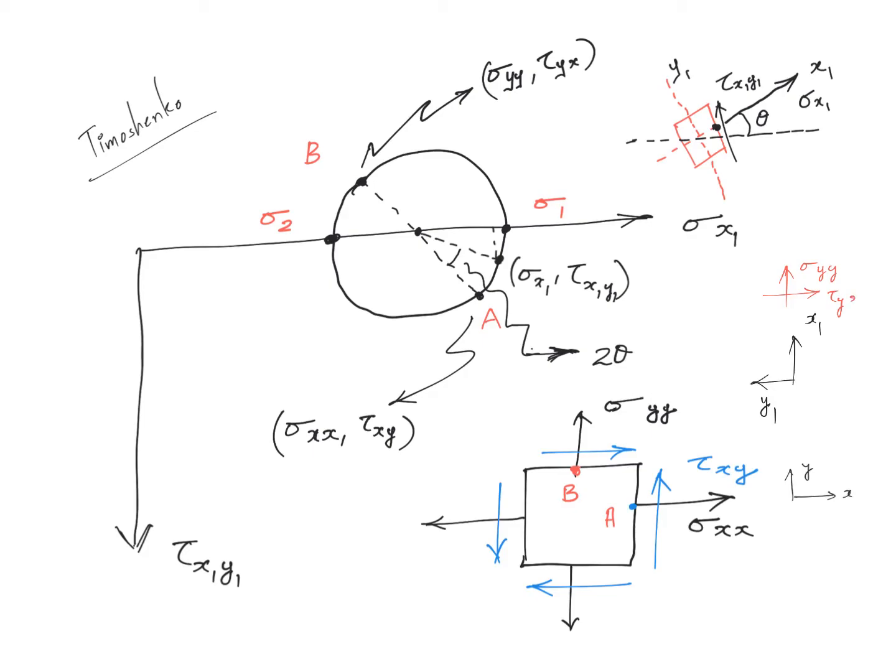But I'm trying to plot tau x1 y1. The positive direction of tau x1 y1 is this way around, but my tau yx is pointing the other way. That's the reason why point B falls on this quadrant where your tau x1 y1 is negative.